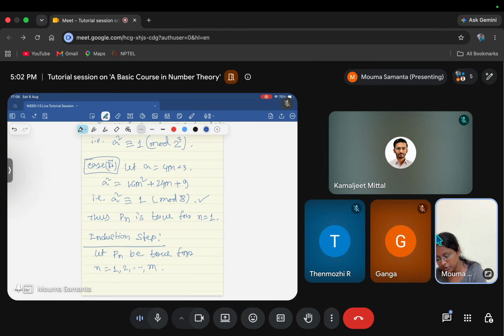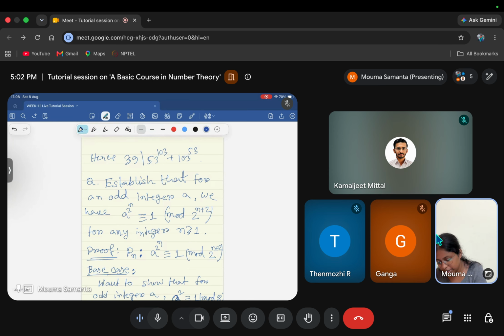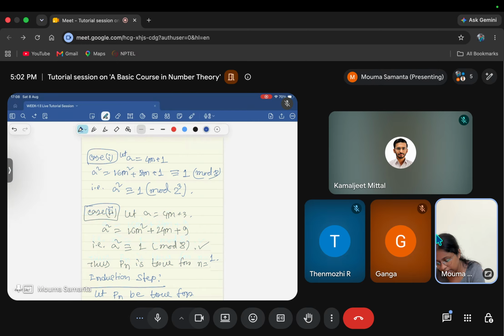Since Pm is true, what can we say? What was the statement Pn?